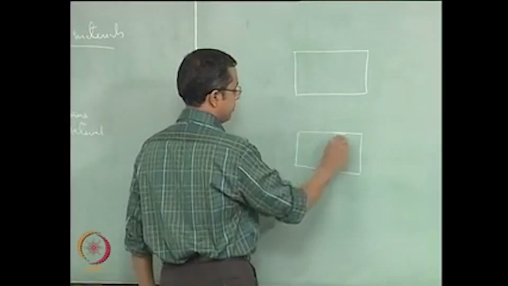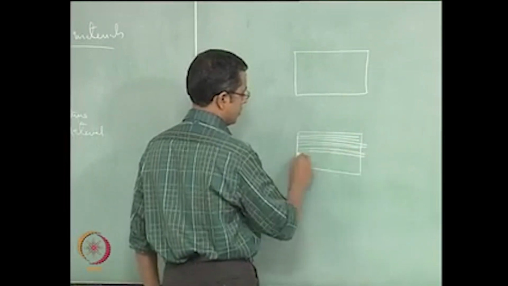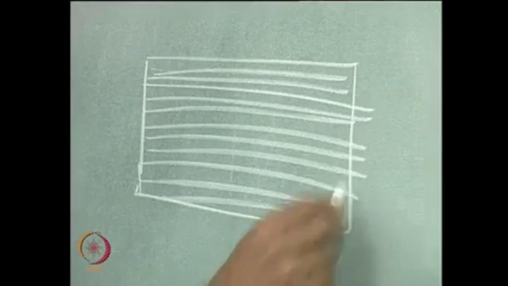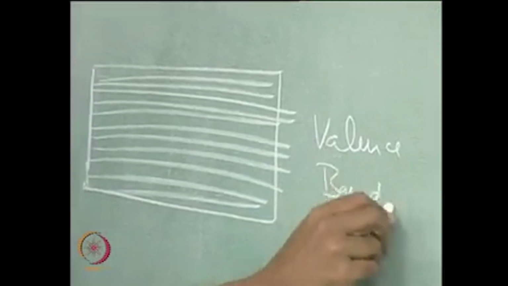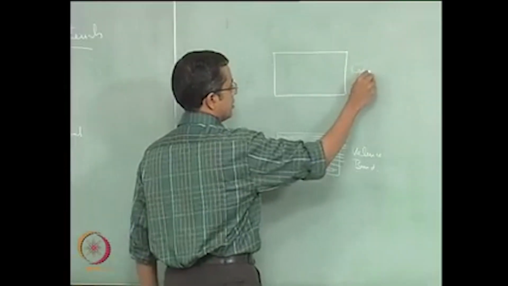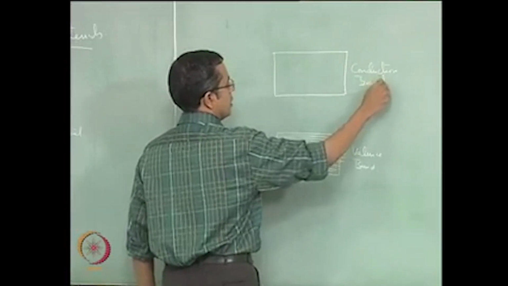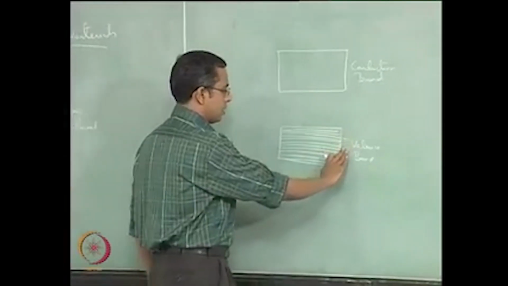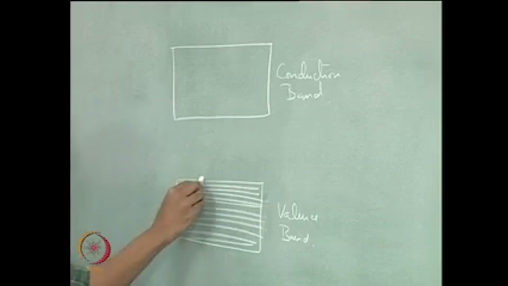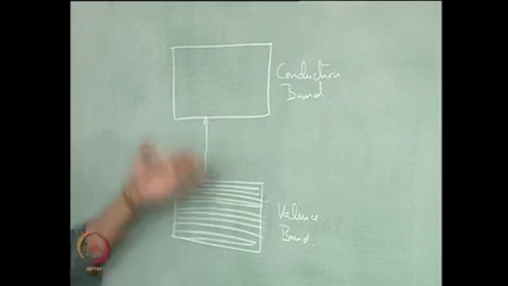So, we have some valence band, and then we have a conduction band. So far in our discussions we have really looked at how these bands come about, and what are the phenomena related to this transfer of an electron from the valence band to the conduction band.